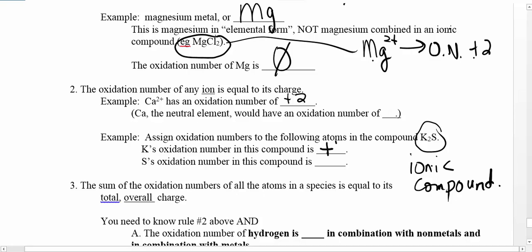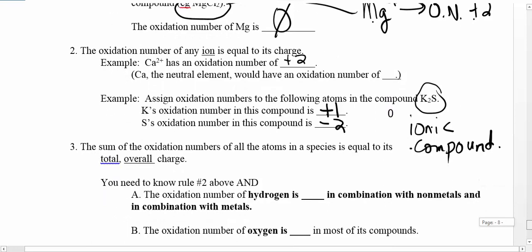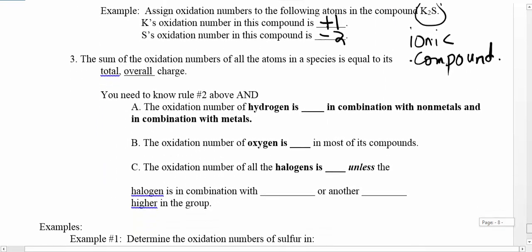Now notice, I'm not talking about the total charge. I'm talking about the oxidation number of each individual K atom. So each K is +1. What about sulfur? What's its oxidation number? -2 in this compound. Sulfur, by the way, can vary. So the sum of the oxidation numbers is equal to its total overall charge.